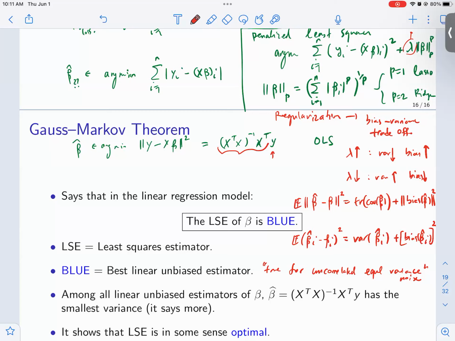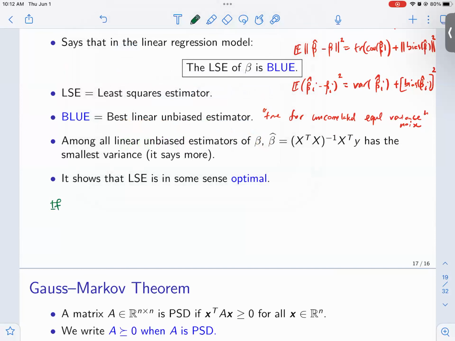So under Gaussianity, we get a stronger assumption, stronger conclusion. It is the best unbiased estimator. Among all unbiased estimators, you have the smallest variance. If you pick any other estimator that's unbiased, it will have a higher variance. So that gives you some sort of a notion of optimality. There's nothing better than OLS among all unbiased estimators.